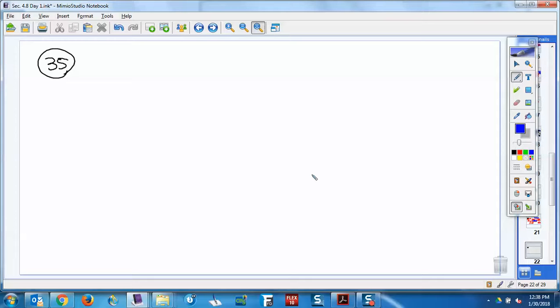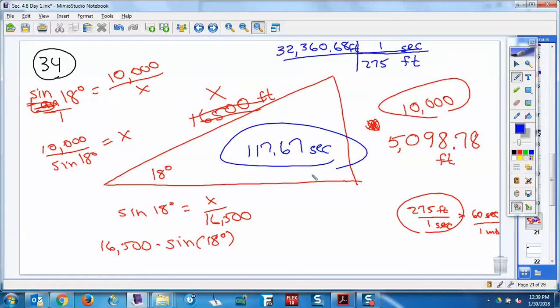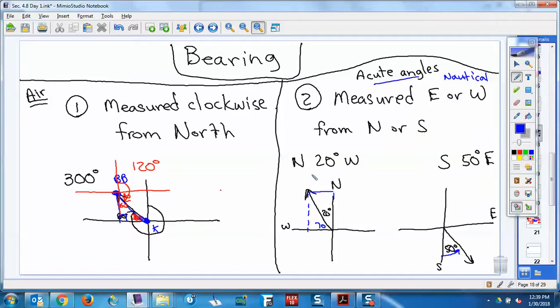Has a bearing of 52 degrees. So which of these bearings are we using? The one on the left or the one on the right? The one on the left, because it didn't give us any north-south stuff, right? It just said 52 degrees. So we're doing the one on the left. Okay? 52 degrees.